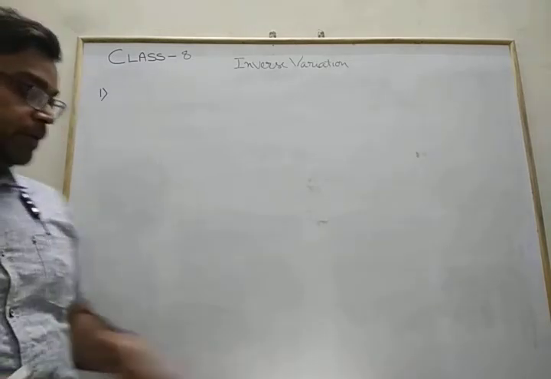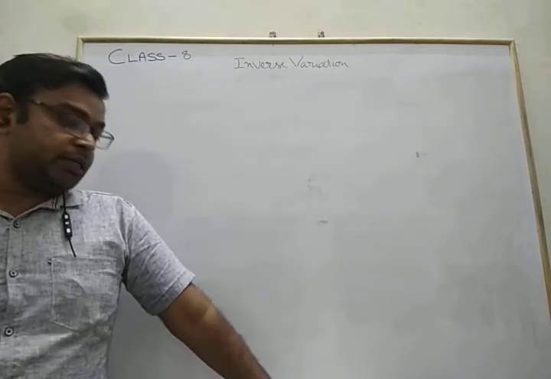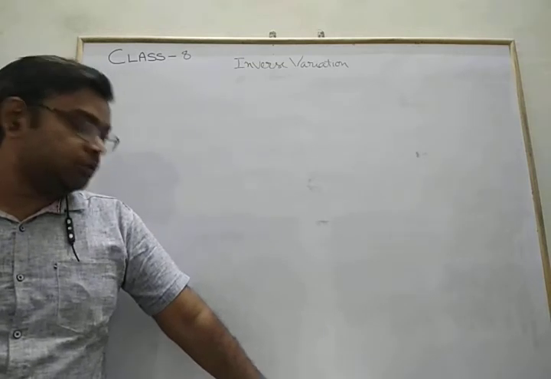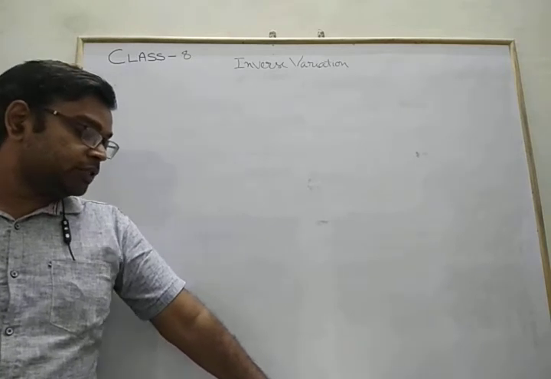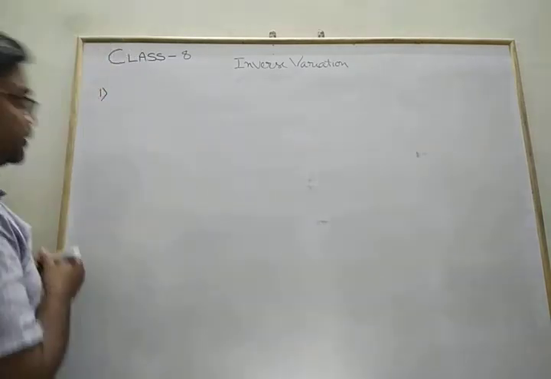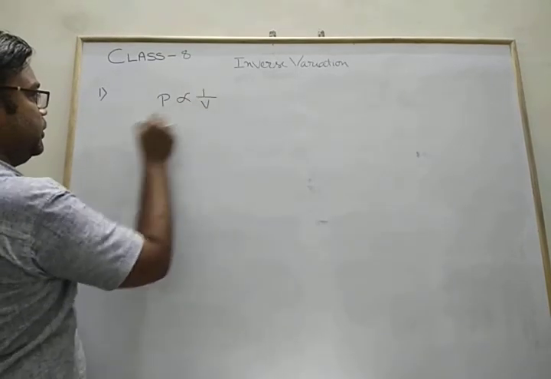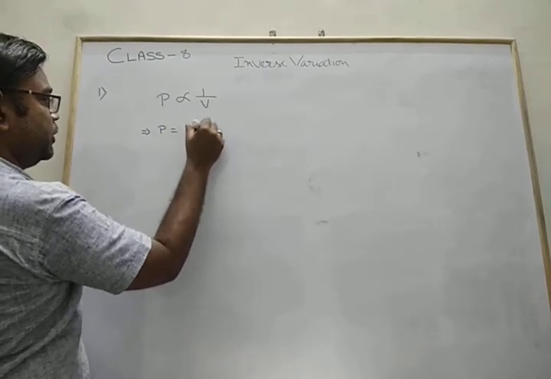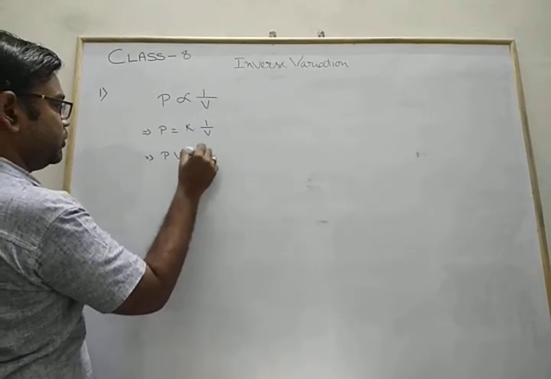The first question says the pressure of an enclosed gas P is held at a constant temperature T, and it is inversely proportional to the volume V. Express P in terms of V and the constant of variation K. It says that pressure P varies inversely with V. So we can write P equals constant K into 1 upon V, or we can say P into V equals a constant.